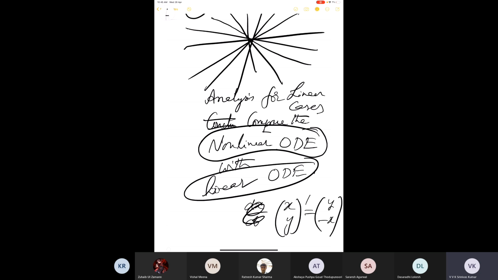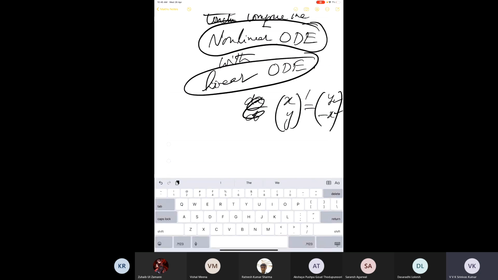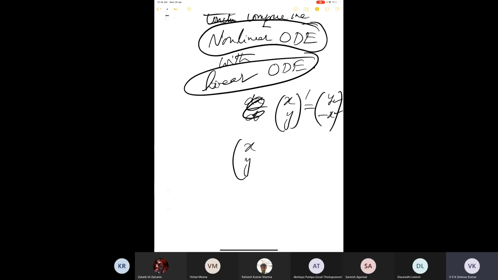These are linear functions. And compare this with any nonlinear, like if it is sine x or exponential x in the right hand side. These are nonlinear situations. So this is the objective of phase plane analysis.